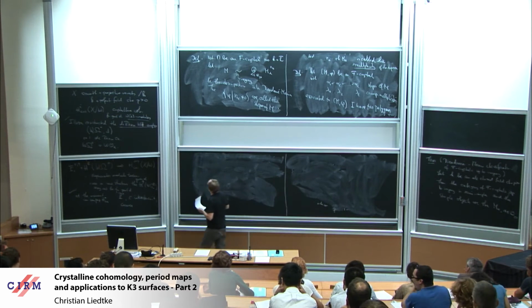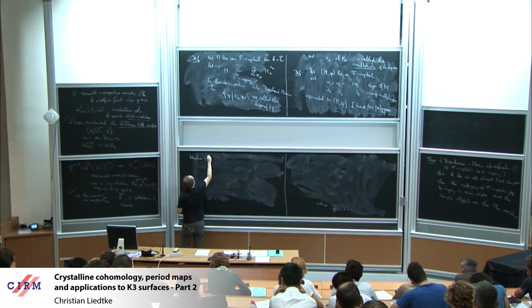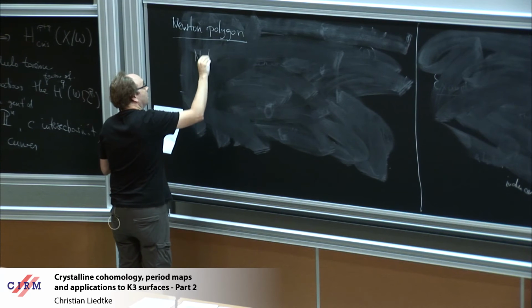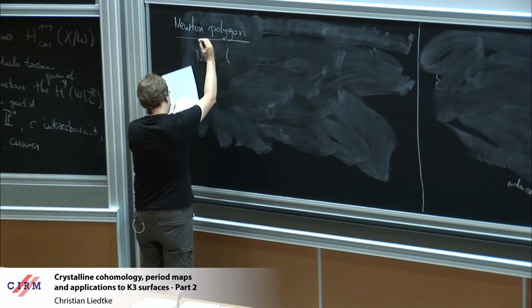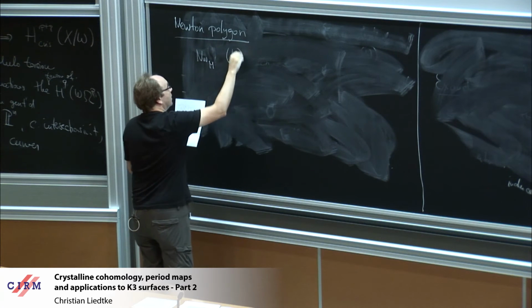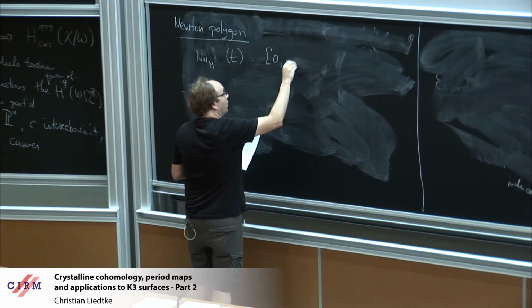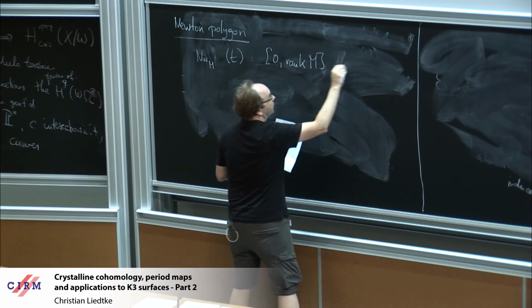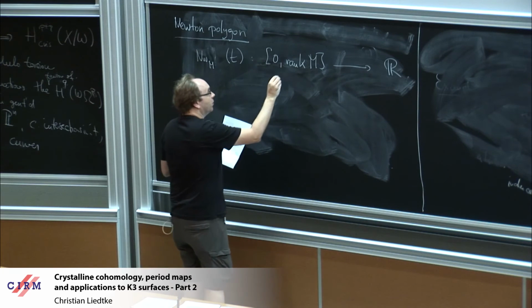One is called the Newton polygon. And I have to explain what this is. I write it down as a piecewise linear function. It goes from this to the reals, well, in fact, to the rationals. So 0 goes to 0.